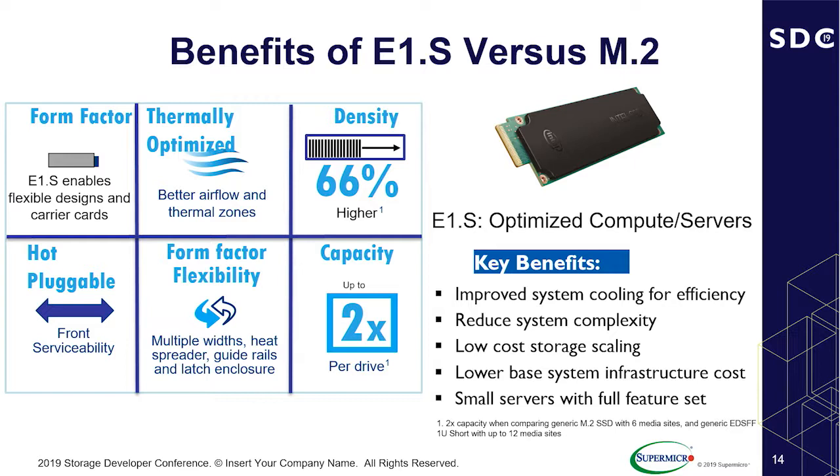But the big difference between that and an M.2 is EDSFF is hot pluggable, whereas an M.2 is not. So that's a big deal. You get all of the great density benefits, the hot pluggability, the great cooling benefits; all of those things just go with EDSFF. But the big advantage versus M.2 is that hot pluggability, really, is the huge difference.